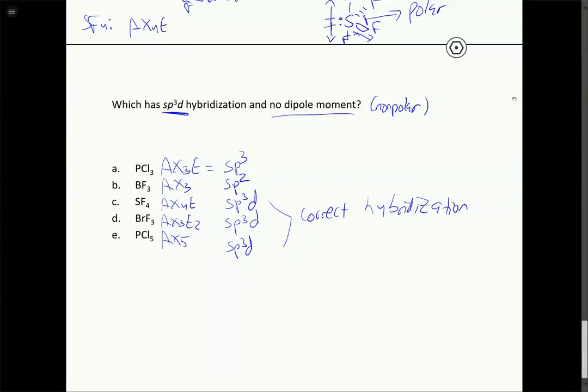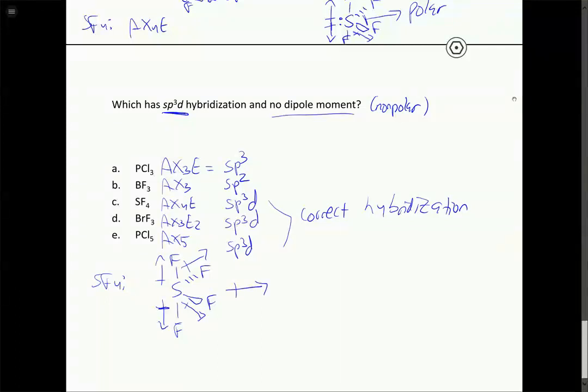SF4 we saw above, for any of the ones that have one lone pair, they're going to be polar. So SF4 again is seesaw. These two bond dipoles more or less cancel out. They're not perfectly linear, but they're pretty close. And then we have net dipoles pointing from left to right.